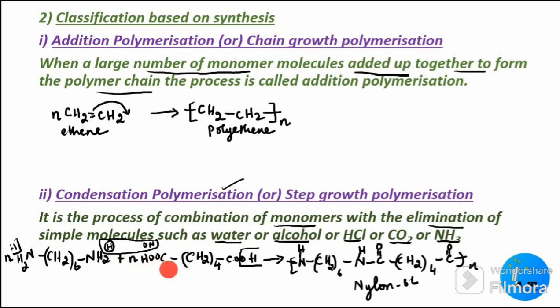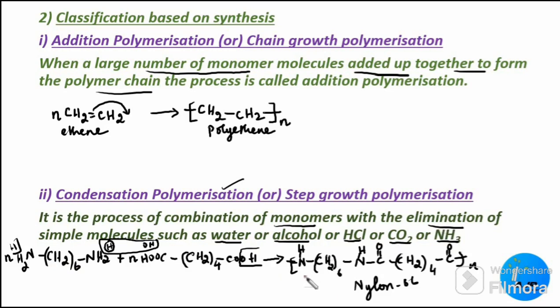Each step involves a loss of small molecules like water, ammonia or alcohol, etc. Therefore, the repeating unit in condensation polymerization is not the same as that of the monomer. The final product will not be the same as the monomers we are using, since there is elimination of molecules like water, alcohol or HCl.